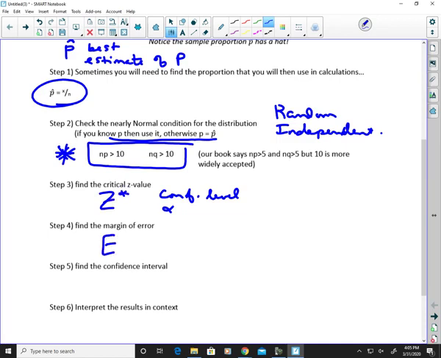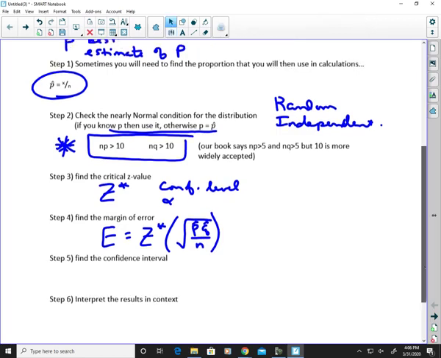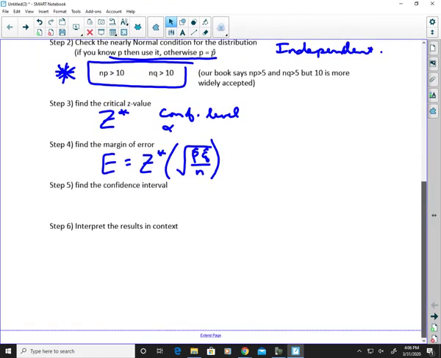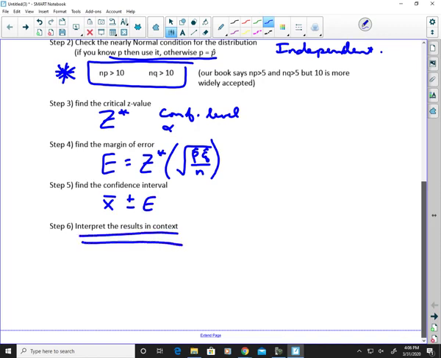You're going to see that this formula is going to be a little bit different because it's still going to involve that critical z, but since you don't have a standard deviation, you actually have to make that standard deviation using the proportions and the size. And then you're going to find your confidence interval by taking your mean and adding and subtracting your error just like you did, and then interpret your results in context. And that'll sound really similar to what we did last class.